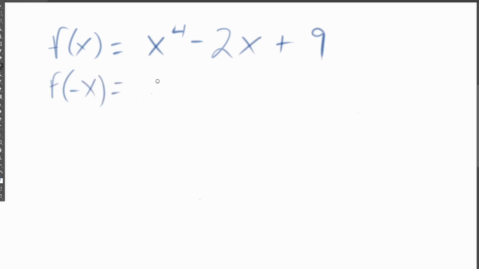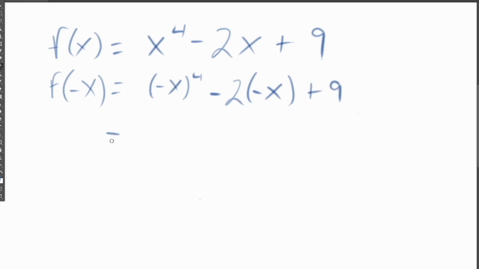Okay, so we'll try one with more terms. We have f of x equals x to the 4th minus 2x plus 9, and we're seeing what happens when we replace the x's with a negative x. So we'll get a negative x to the 4th minus 2 times a negative x plus 9.